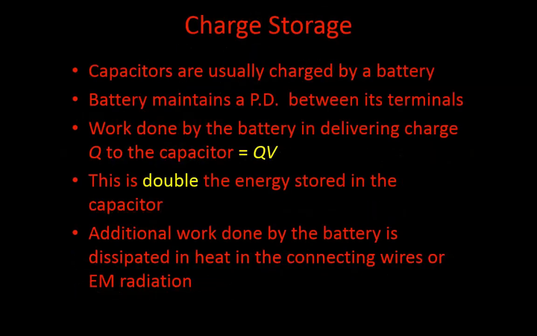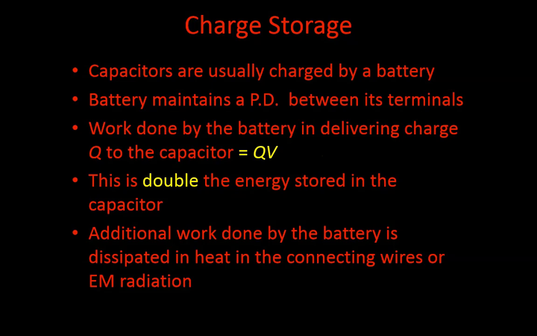So as we said, in terms of charge storage, capacitors are usually charged by a battery. They can be charged by a generator in some cases, but here we're going to deal with a battery. And this maintains a potential difference, a voltage between its terminals. The work done by the battery in delivering the charge to the capacitor is equal to Q times V. That's double the energy stored in the capacitor.